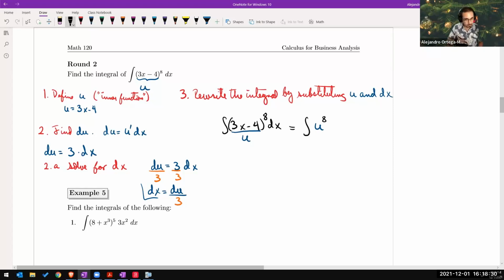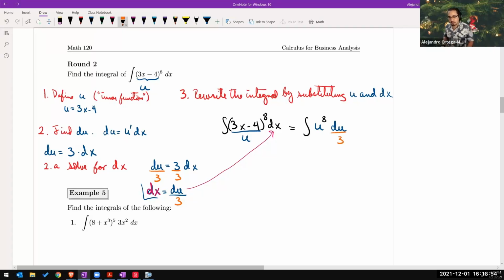Okay, so we replaced the x's now with the u, but now I want you guys to replace that dx here. Well, dx was the same thing as du over 3. So I'll just put here du over 3.